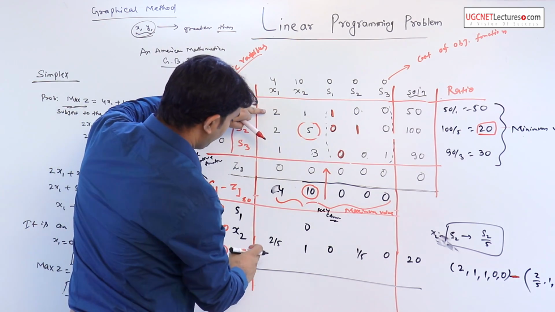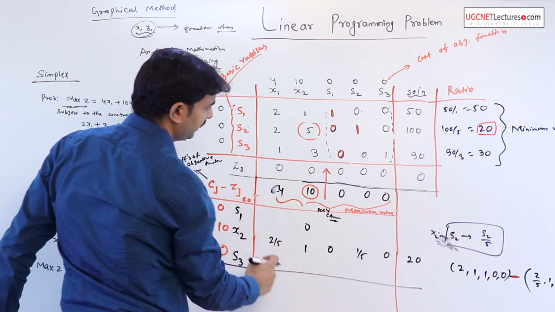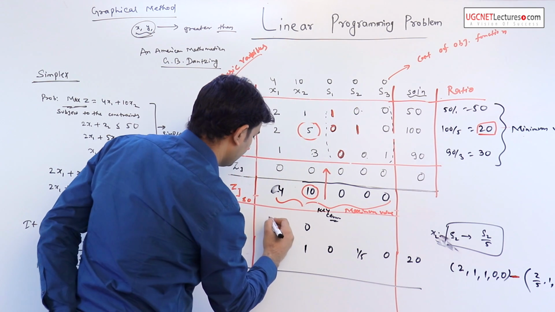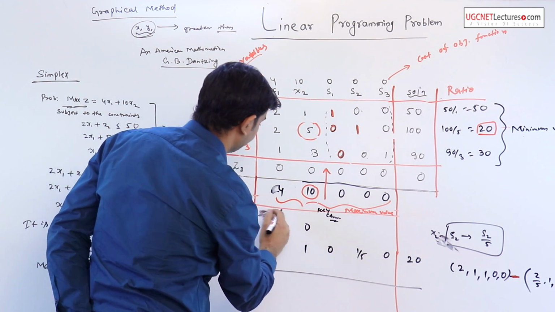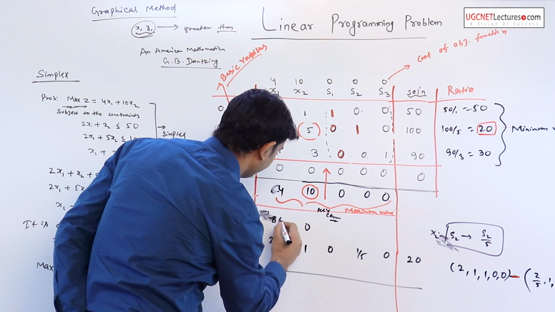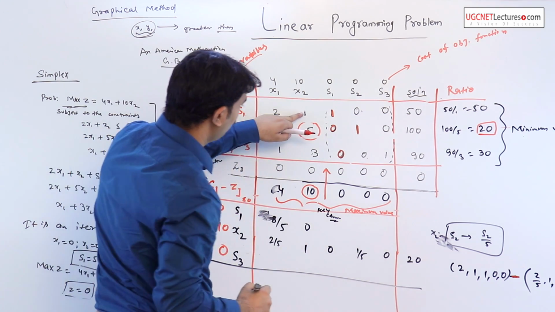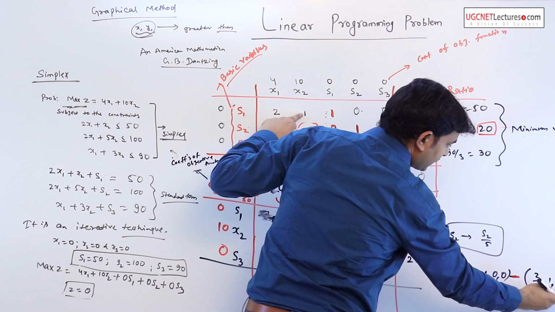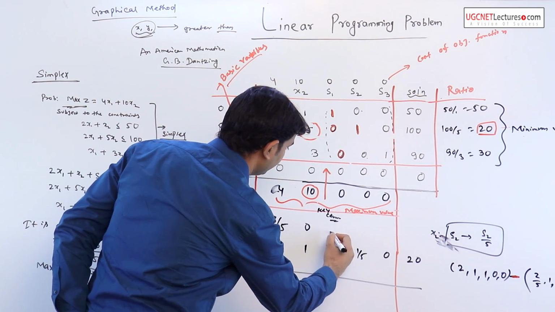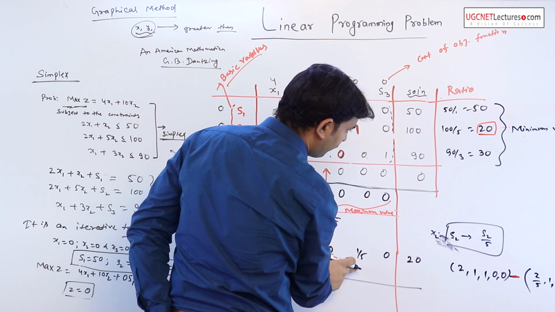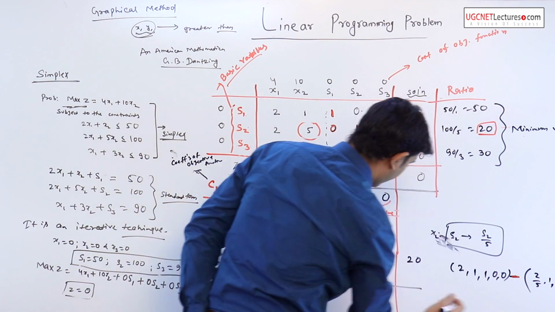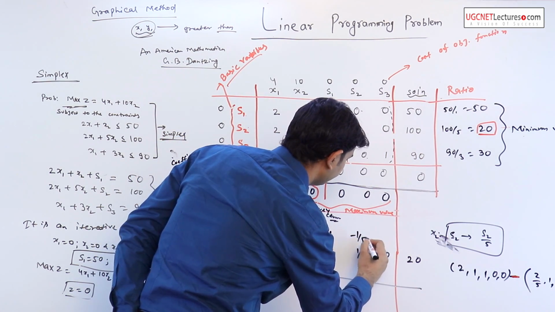Similarly, 2 minus 2 by 5, which is 8 by 5. 1 minus 0 is 0. 0 minus 1 by 5 is minus 1 by 5.